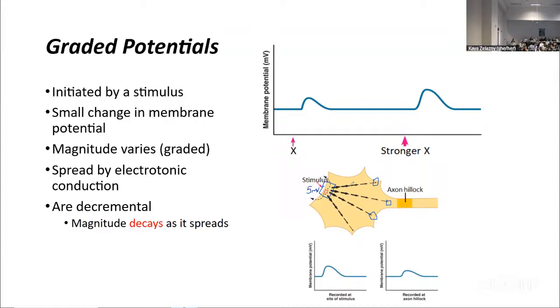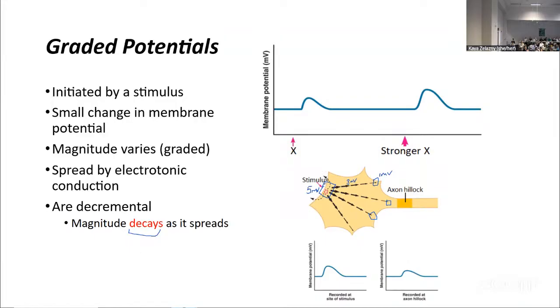But as we move farther away, maybe there's only a change of 3 millivolts by the time we get to here, only a change of 1 millivolt as we get over here to the other side of the cell. So we're going to see this decay. Right? When we say our graded potentials are decremental, this is what we're talking about. The strength of that graded potential, the strength of that change in charge, getting smaller as we move farther away from the location of the stimulus.